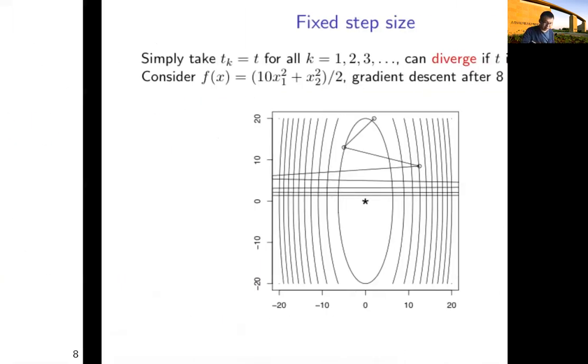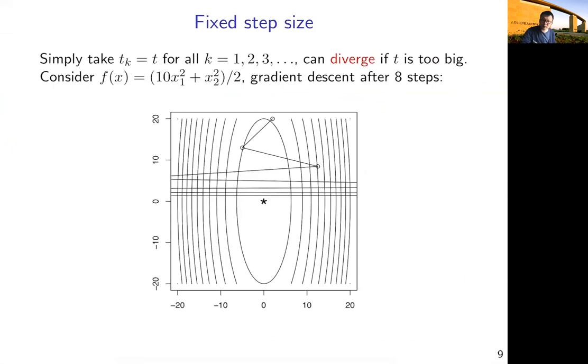So what is a reasonable step size to choose? First of all, it is often okay that we simply take the step sizes to be constant for all iterations. But if we do this and we choose t to be too large, then gradient descent may or may not converge. Think about this two-dimensional example.